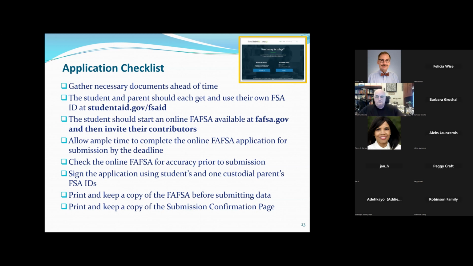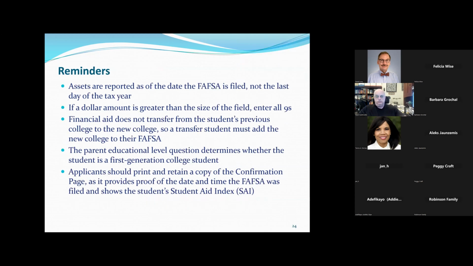Sign the FAFSA using the student's and one custodial parent's FSA ID. Print out a copy of the online FAFSA before submitting data electronically. And print and save a copy of the FAFSA confirmation page and the FAFSA submission summary, the FSS, for your financial aid summary. Next slide, please.